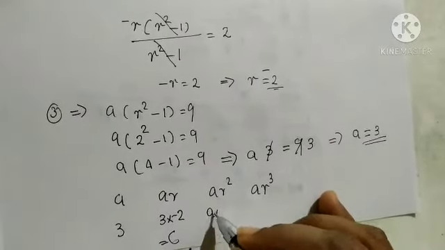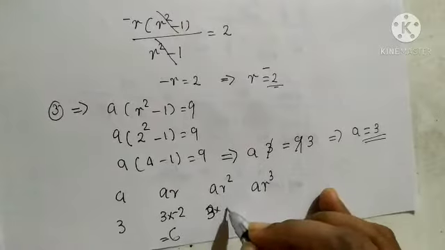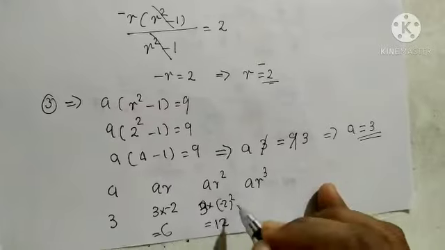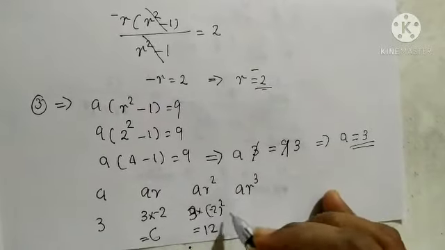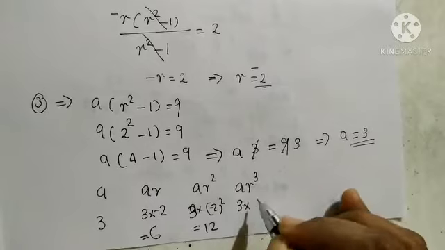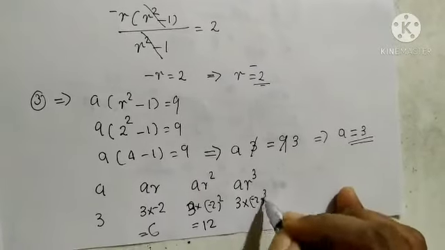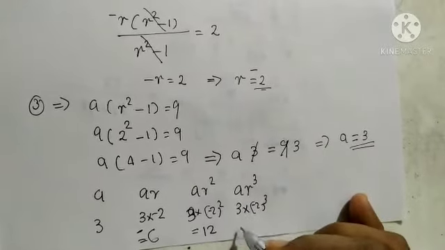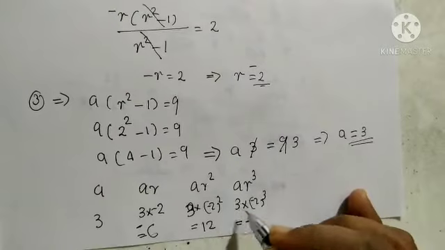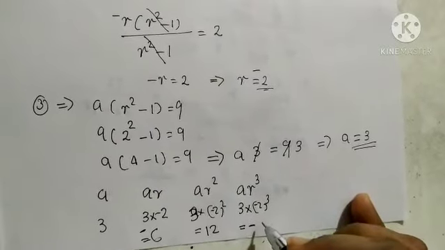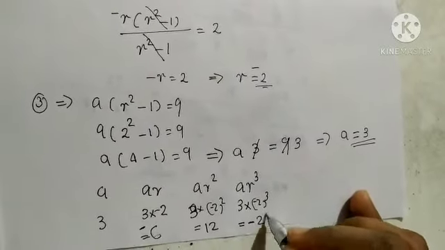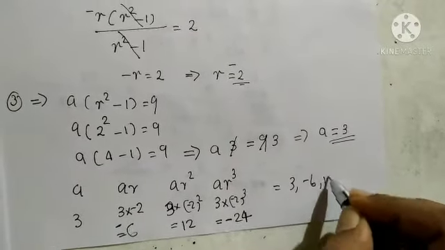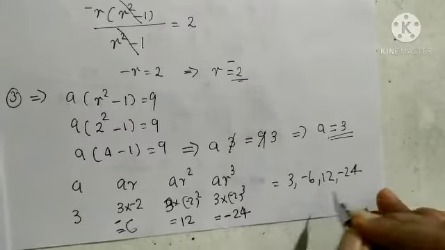Next a into r square, a means 3, 3 into minus 2 all square. That means 4 into 3 will become 12. Next 3 into minus 2 whole cube. So minus 8 into 3 will become minus 24. So the numbers are 3, minus 6, 12, minus 24.